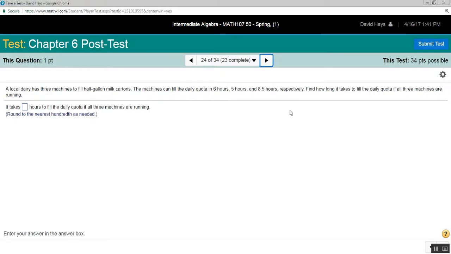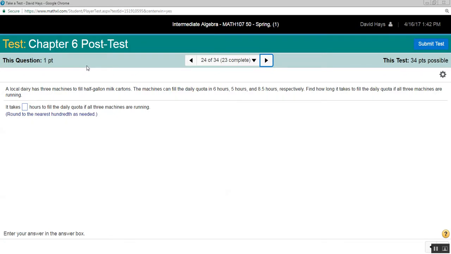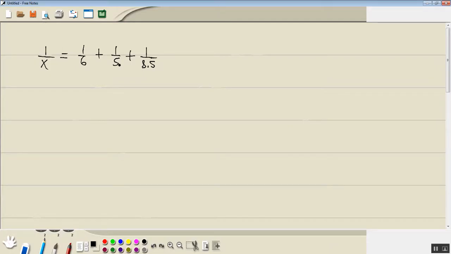Now the 1, assuming I'm reading it correctly, refers to our quota, 1 quota. And this is a shared work. This is how long it took machine 1, 6 hours. This was 1 over 5. This is 1 over 8.5. And so they're working together to achieve this. We're still finishing a quota of 1. And we're trying to figure out how long it'll take.